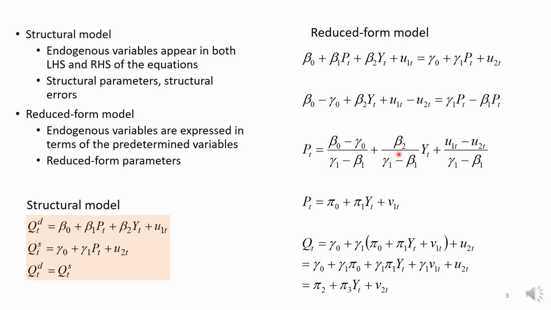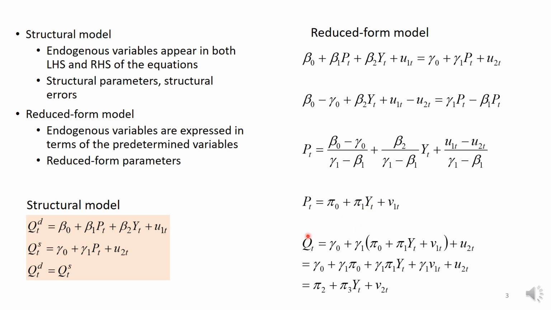This thing over here is just pi 1, and this error term, a combination of your structural errors, would be another error term. In this case, you will find that you have written the endogenous variable in terms of your predetermined variable.